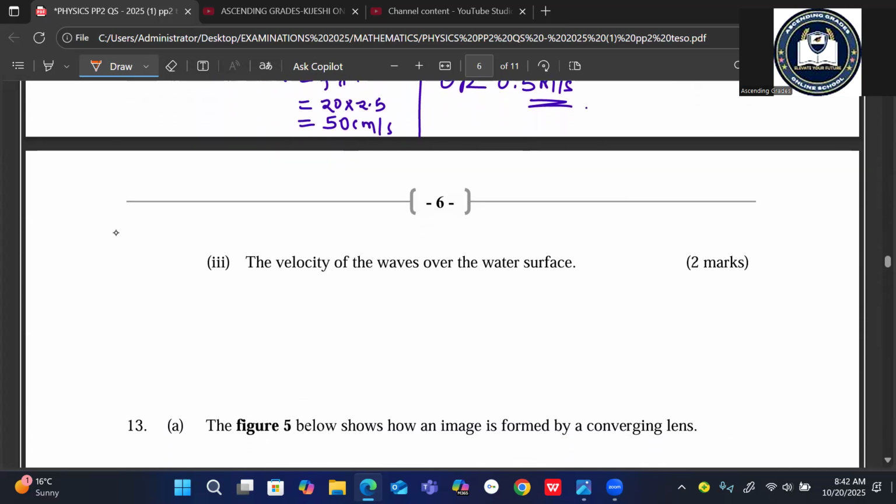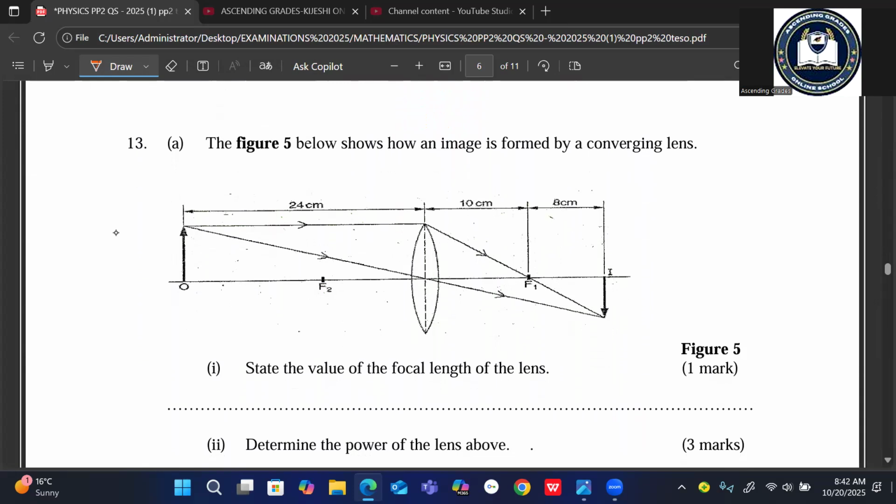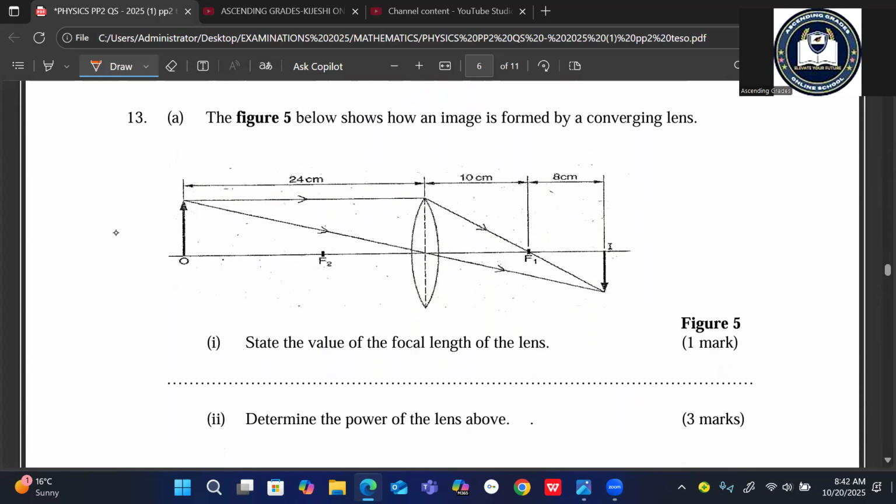Now I can proceed. We are having an image formed by a converging lens. This is how it is looking like. You can see we are having our lens from here. We have our F1, we have our F2. The object is placed 24 centimeters from the lens, and then it is forming an image that is upside down.